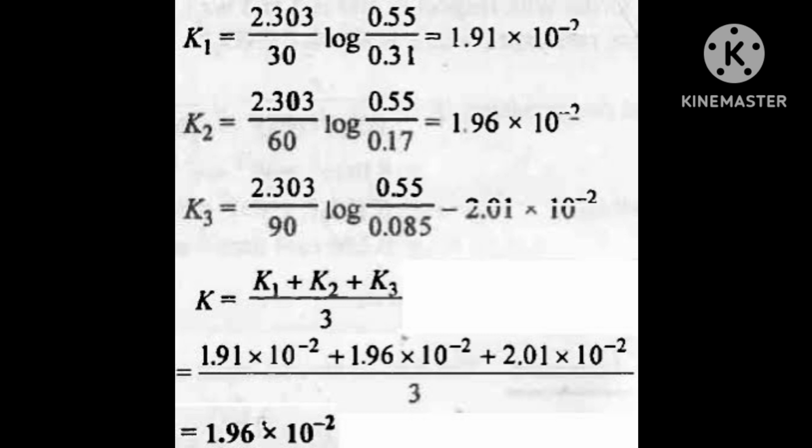Then after that, because you have to compare, you have to see all the results. Now you have to calculate the K value at different times.